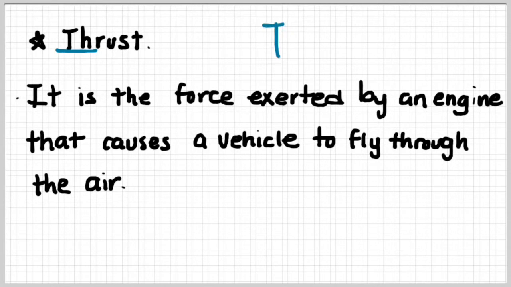Let's move on to our next item, which is thrust. Pronunciation, remember the TH in English has a sound that we do not have in Spanish, and that is just putting your tongue between your teeth. When you do this, the sound comes like this. It is very similar to the C in European Spanish.